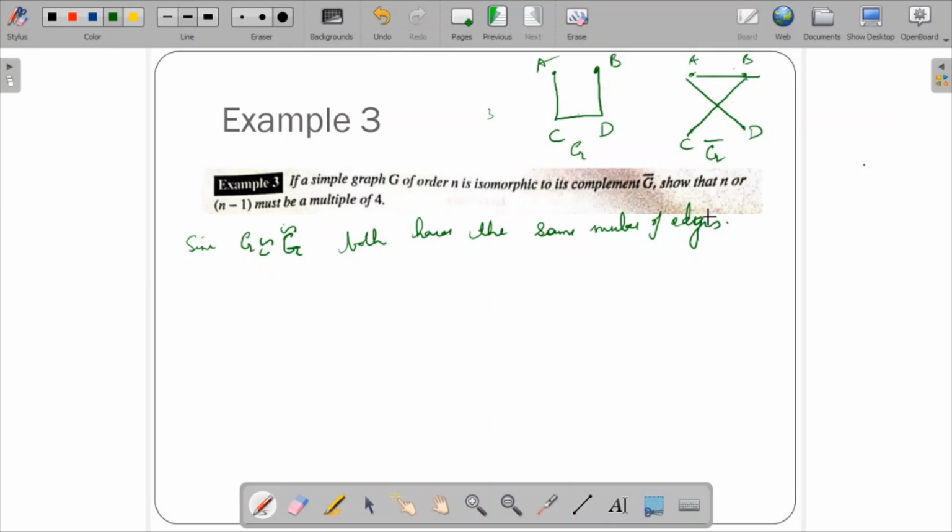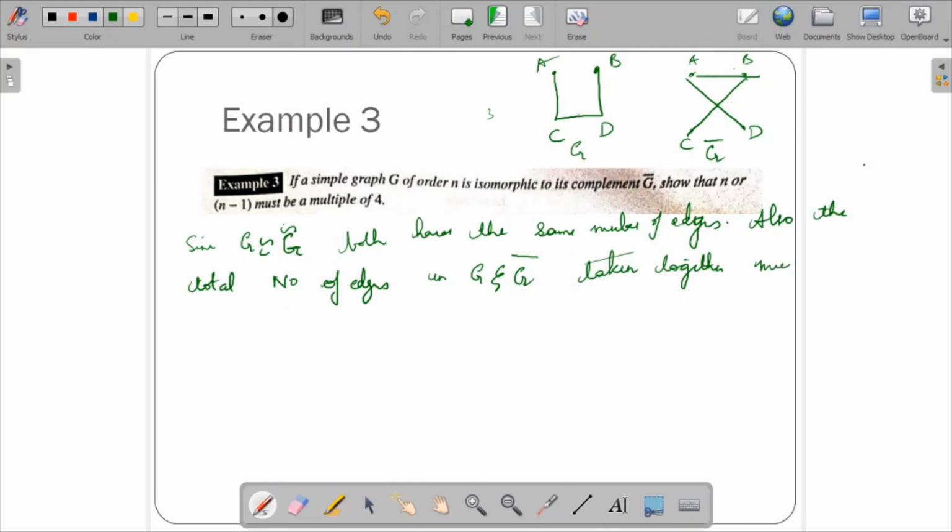Also the total number of edges in G and G bar taken together must be equal to, if you remember the concept, the number of edges in Kn.